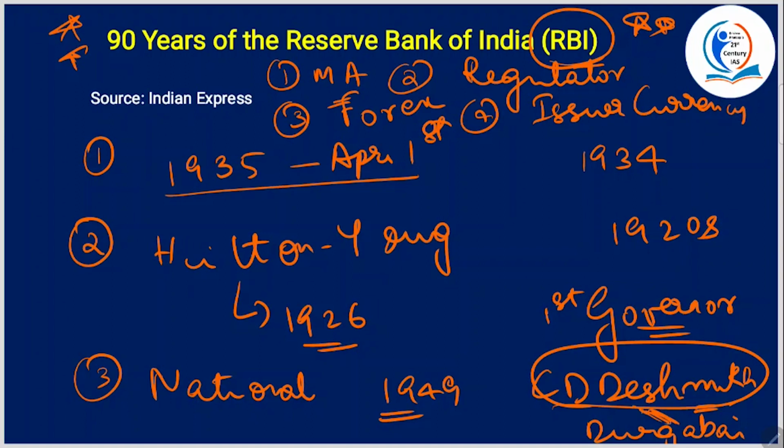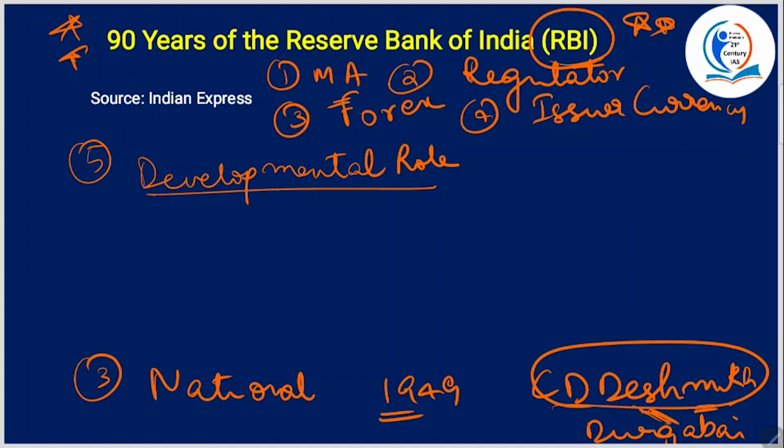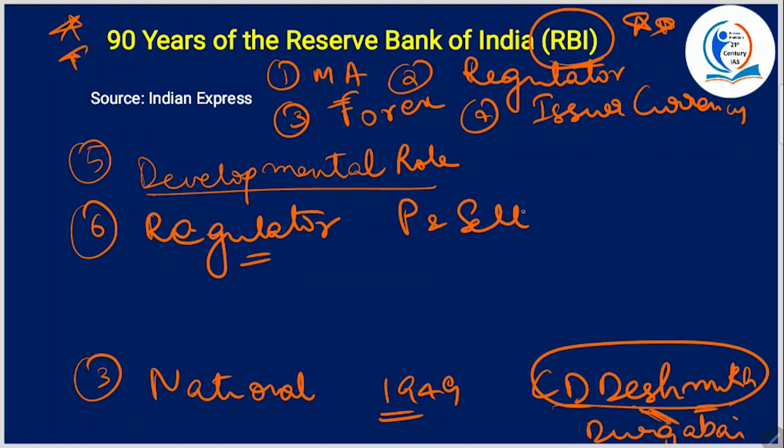All right. And it also has a developmental role. That is, it performs a wide range of promotional functions to support national objectives. What is its sixth function? It acts as a regulator and supervisor of payment and settlement systems.